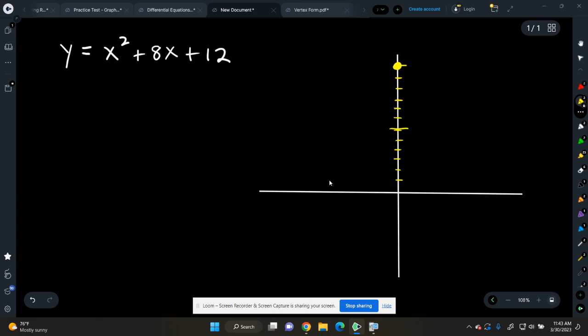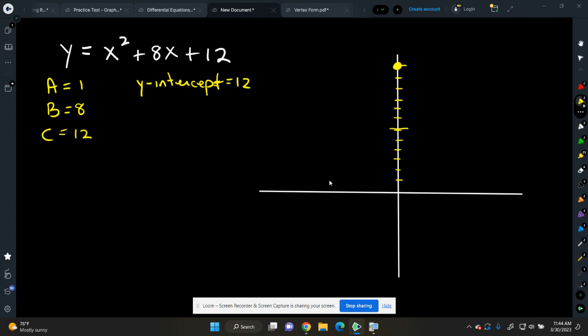All right. So we've got A equals 1, B equals 8, C equals 12. So my y-intercept is 12.